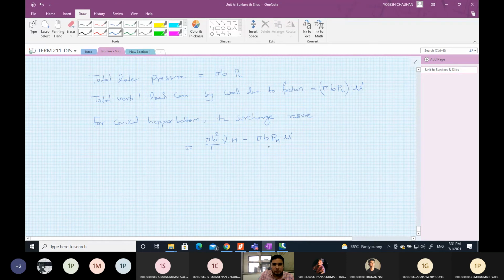Okay, so this is the load carried by the wall, and this is the total vertical load, whole divided by the area of the silo, that is pi by 4 into d square. So this is the total surcharge pressure for which the conical hopper bottom should be designed, where h is the depth from top of the silo.